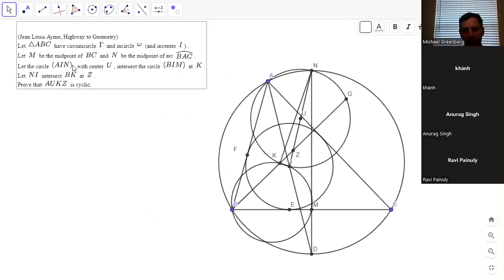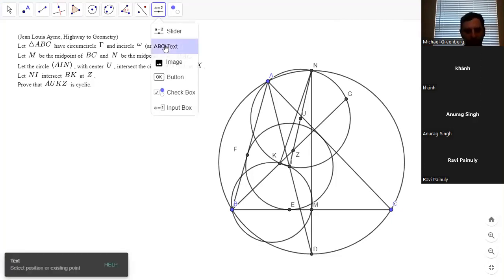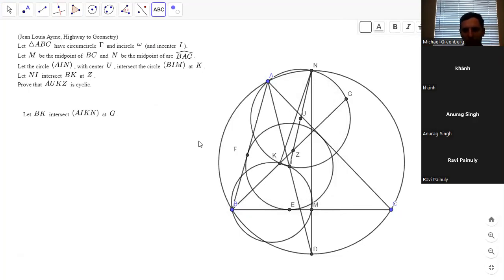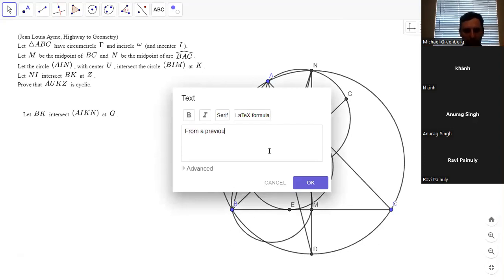So let BK intersect AI, KN at G. And then from a previous lemma on my video, we have angle INA equals angle IMB.